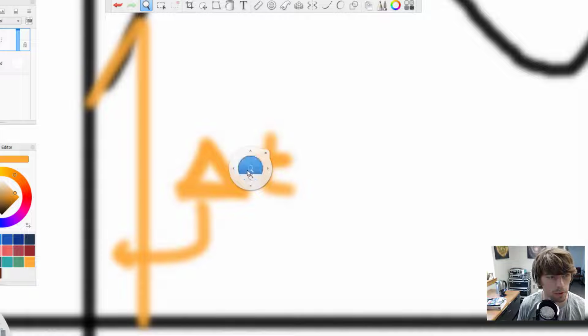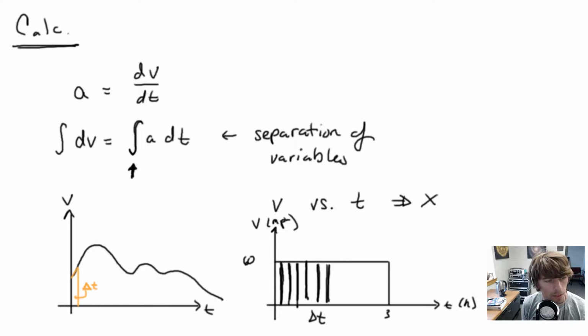So what happens is if I have a non-constant velocity, I can chunk it up into really small time intervals and find the area for each of those small chunks. Then, at the very end, if I want to know my total, I have to add those all together.